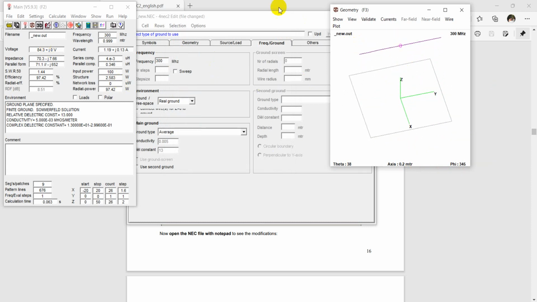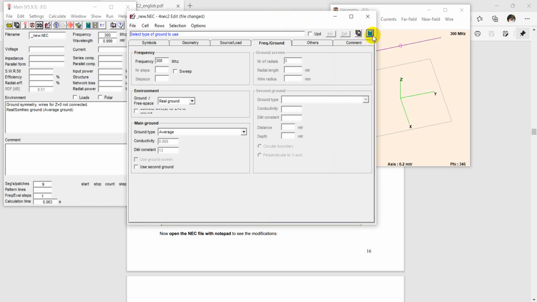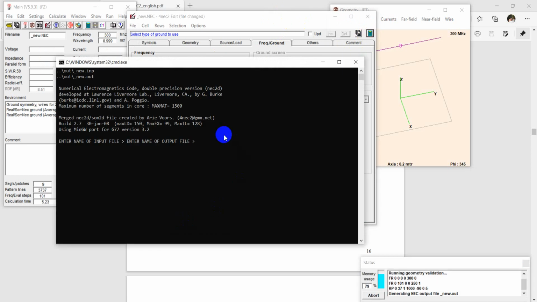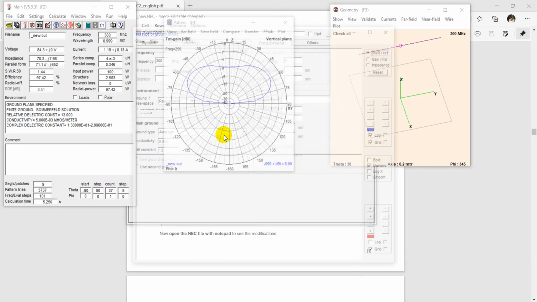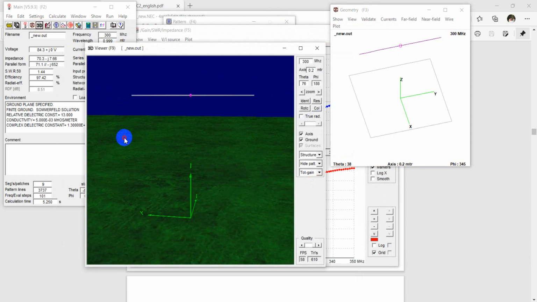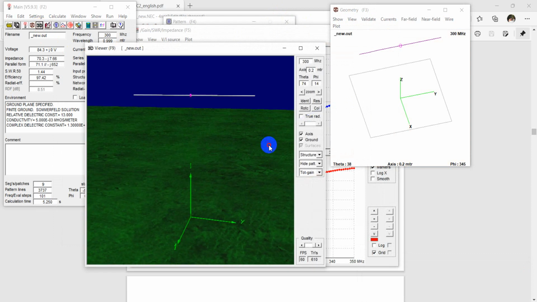If you want to see the 3D radiation pattern, at first you have to run a frequency sweep and generate the output. After getting the output you have to press the 3D button, and you can see it very clearly.